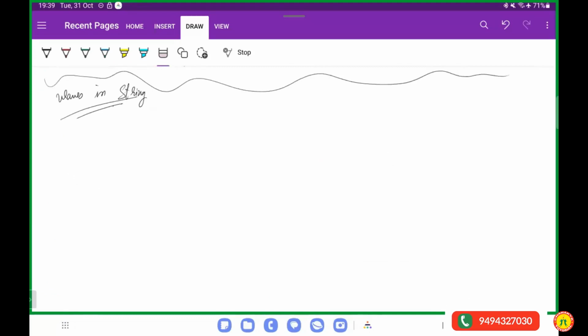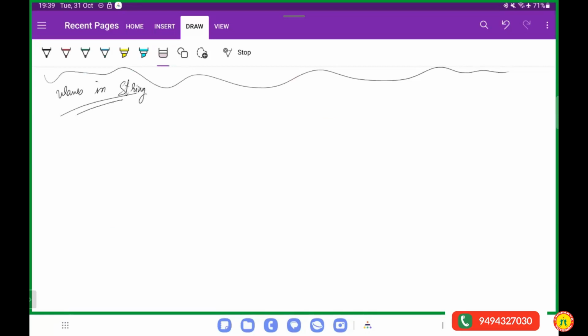Now we'll see waves in a string. Whenever I take a string, let's put some fulcrum there.